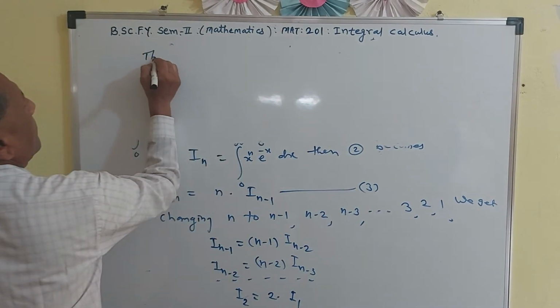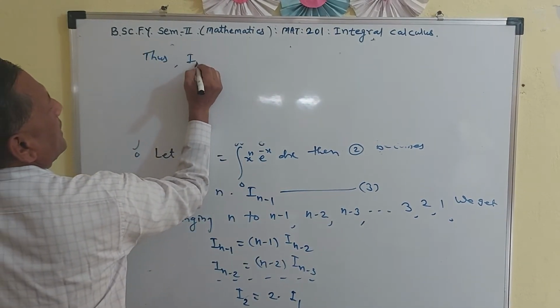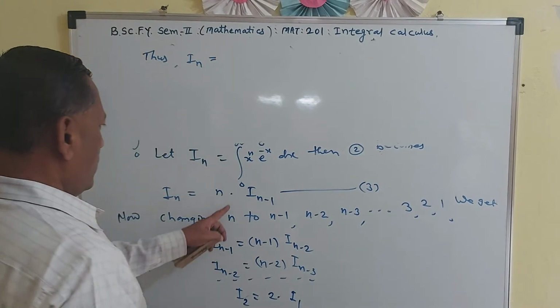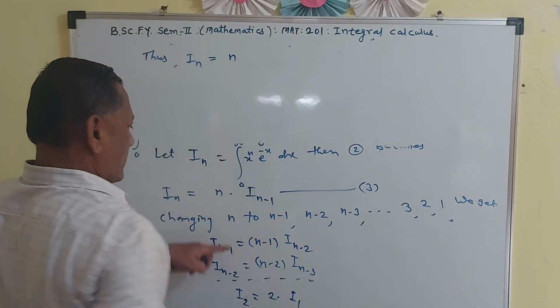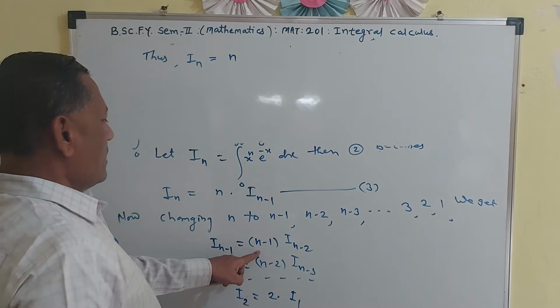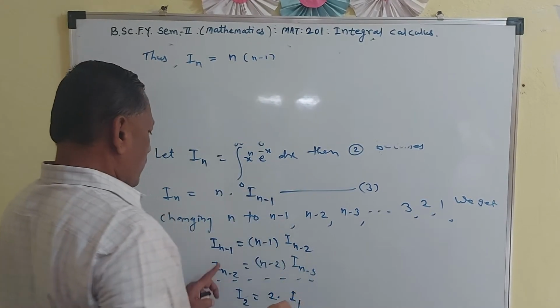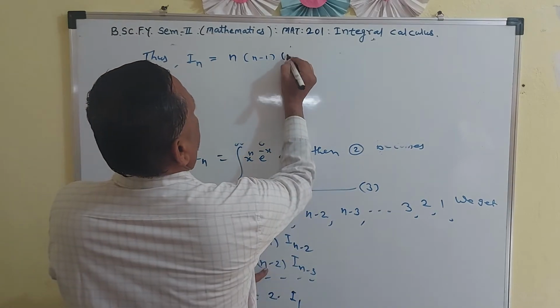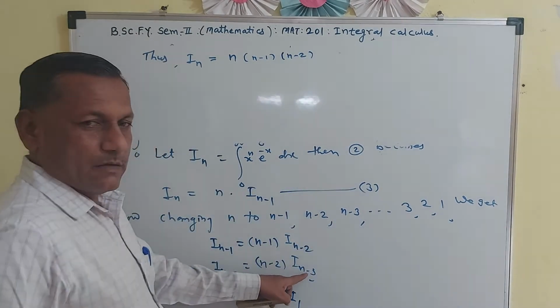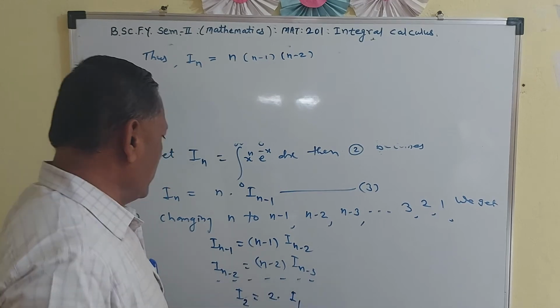thus In is equal to n into In minus 1. But what is the value of In minus 1? n minus 1 into In minus 2. But what is the value of In minus 2? n minus 2 into In minus 3. What is In minus 3?